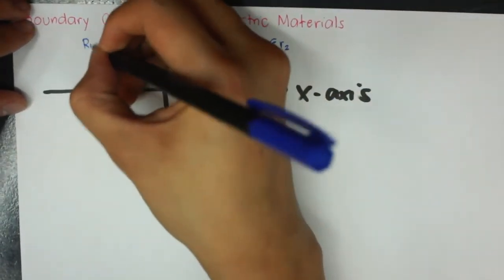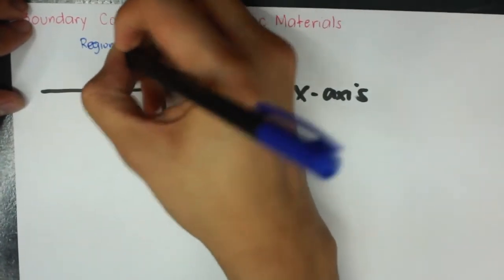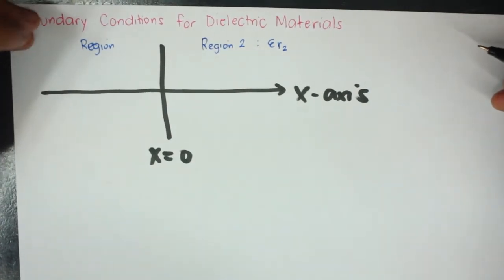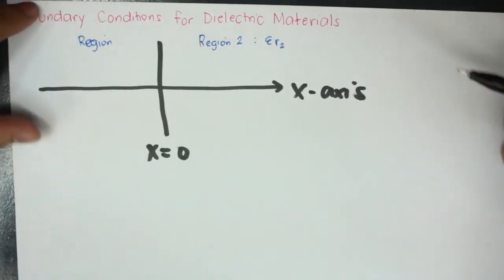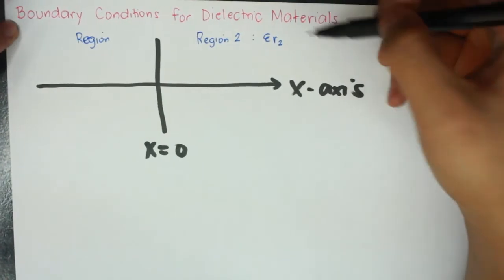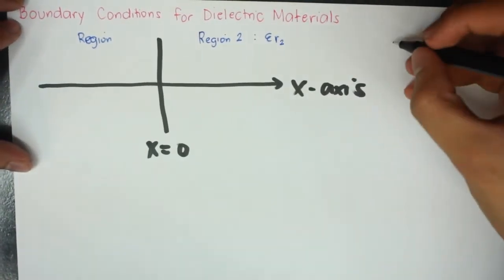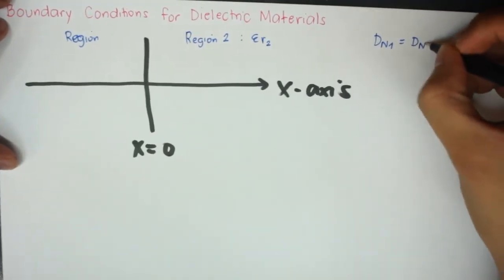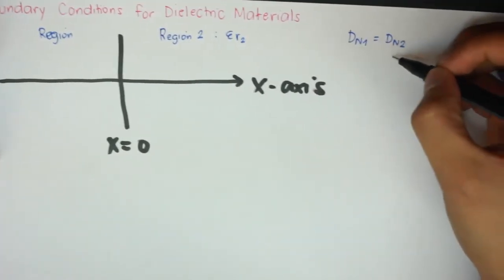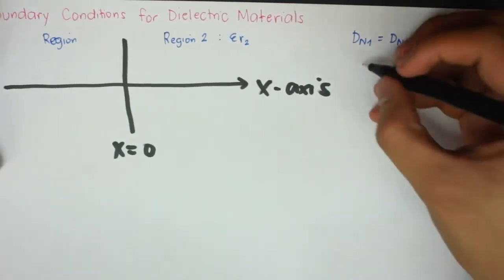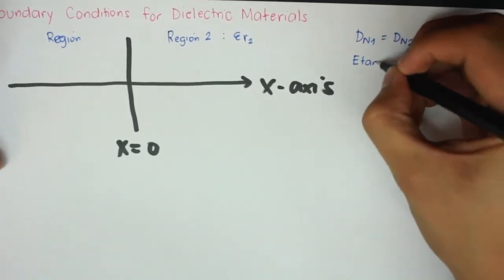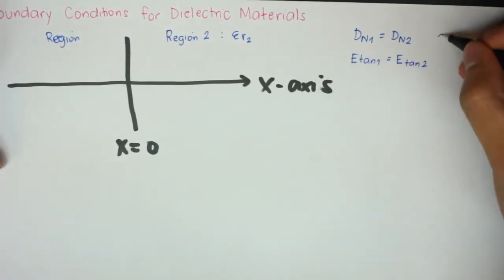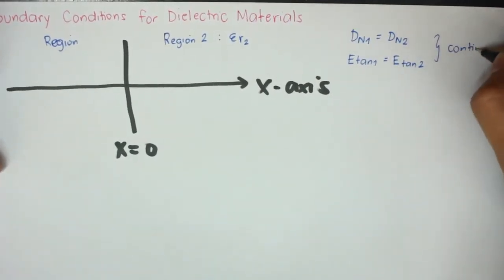And here, region 1, that's just free space, meaning its relative permittivity is equal to 1. So the boundary conditions for dielectric materials say that the normal components of the electric flux density are continuous, as well as the tangential components of the electric field.